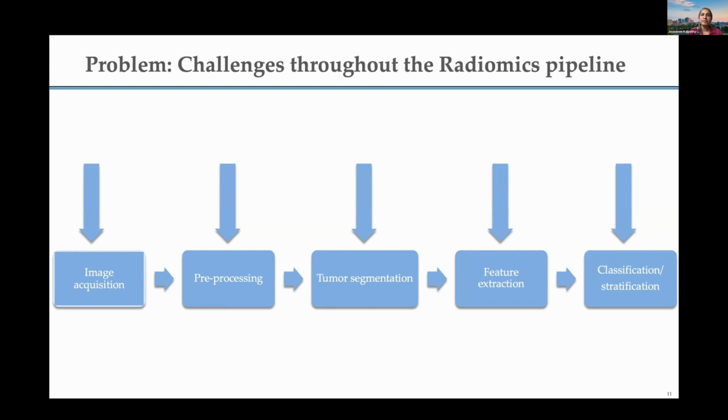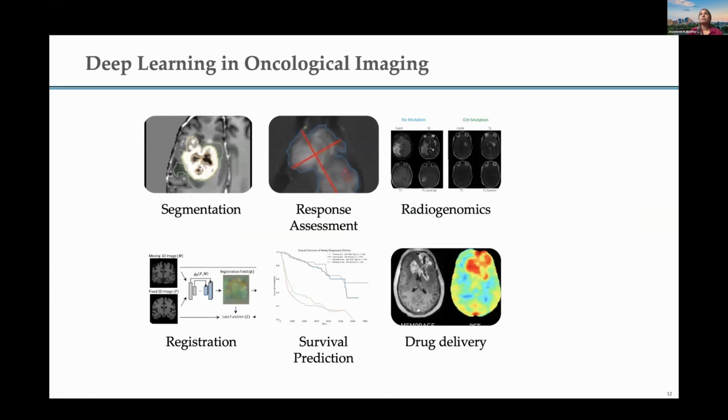If you just have slight variations in the tumor boundary, again, that can lead to a substantially different set of features. The mathematics of the feature extractions can be different across sites, and then obviously the model building. So although radiomics has had a lot of success, there are definitely many challenges.